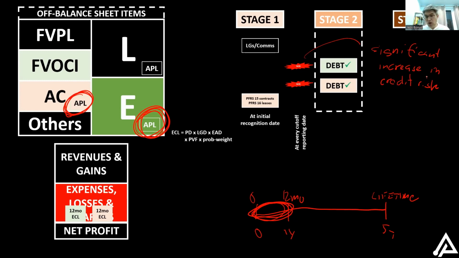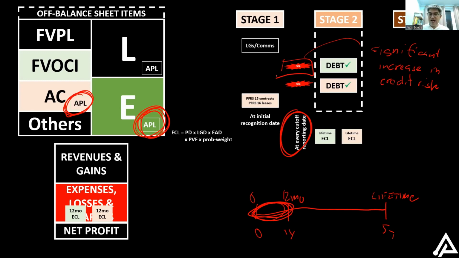SICR means that from the point of initial recognition, if the debtor or the financial instrument suffered an increase in credit risk because the credit quality of the issuer or borrower deteriorated as at cut-off reporting date, those financial instruments are moved from stage 1 to stage 2. The key factor here is SICR.